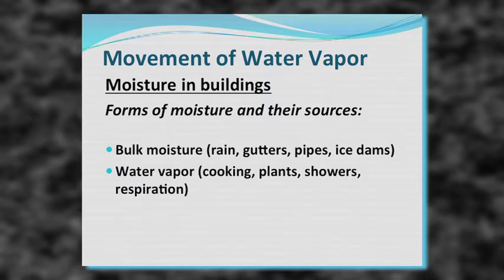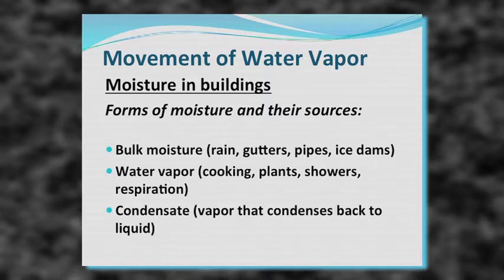On a cold day, just breathing can fog up our glasses. So that moisture is being introduced inside of our building. And when that moisture condenses on a cold surface, the vapor goes back to a liquid. We see that on our mirrors in our bathrooms and on the windows inside of our house.